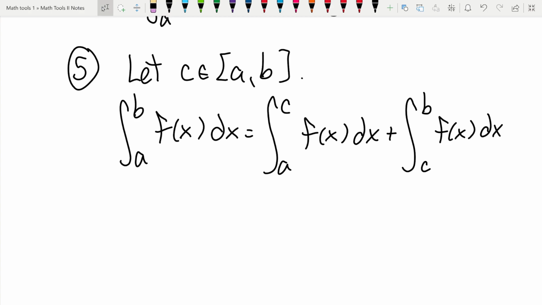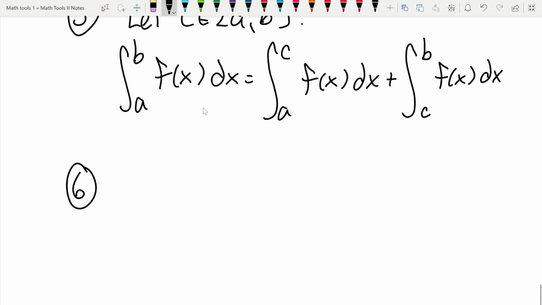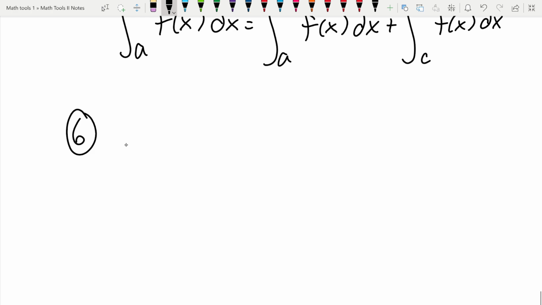Note that there's no multiplication property or division property. You can't necessarily say that the integral of a product is the product of the integrals. You usually can't. We do have a couple more properties here.